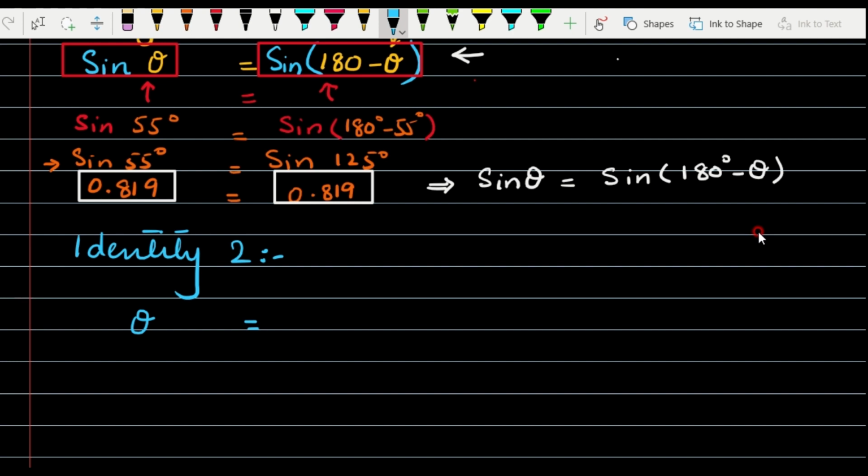Whatever the angle is given, we have to find its supplementary angle by subtracting it from 180 degrees. In the first identity, we checked as per sine. Now we will check as per cos. So we need to observe a few values. Let me give you some examples.